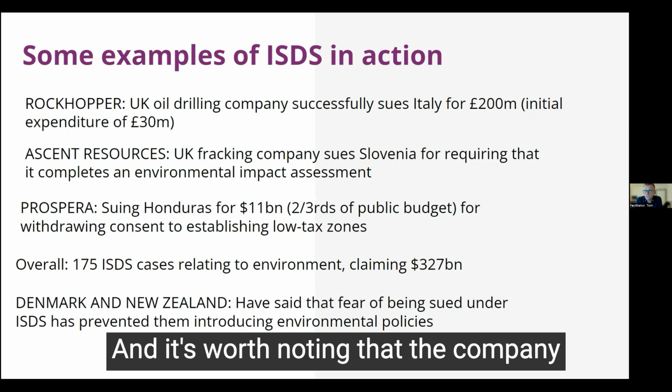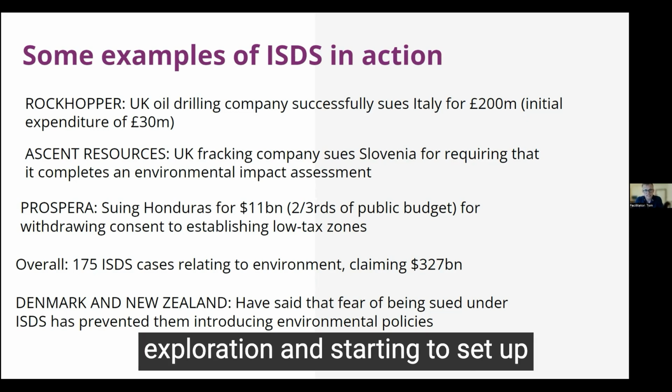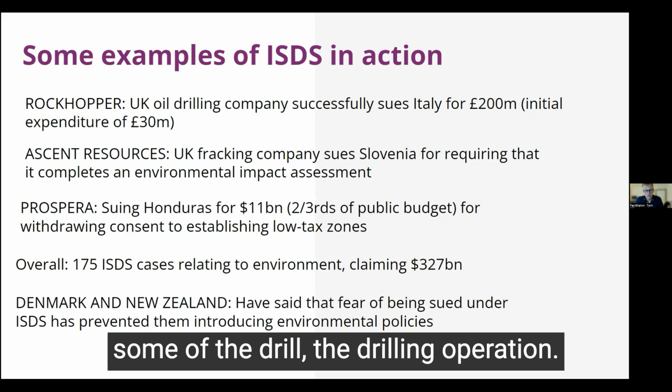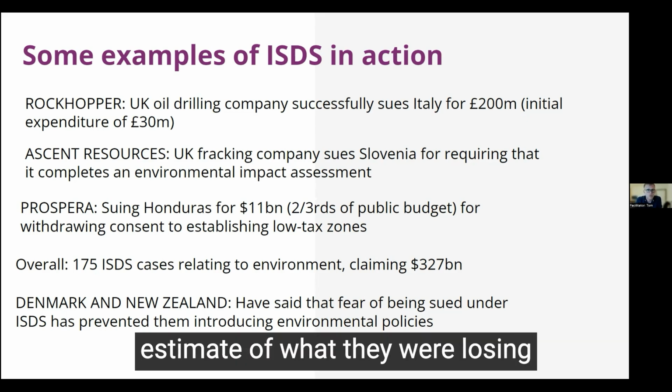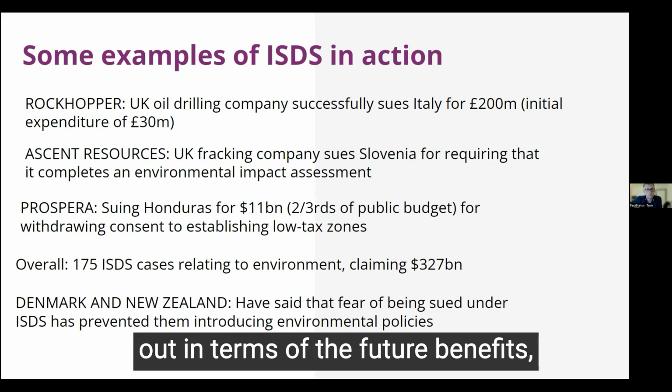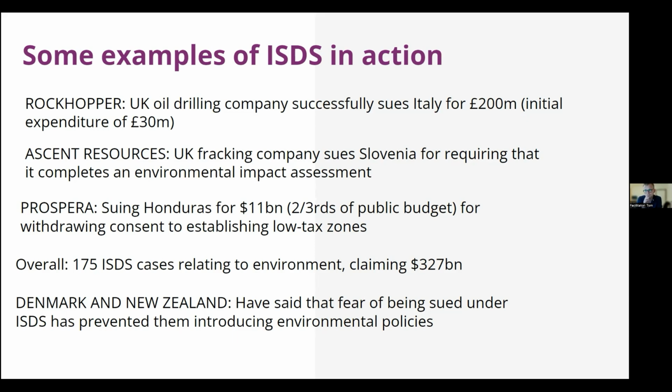And it's worth noting that Rockhopper originally only spent £30 million on the site exploration and starting to set up some of the drilling operation. The £200 million is their estimate of what they were losing out in terms of the future earnings and the future profits from that oil drilling site.